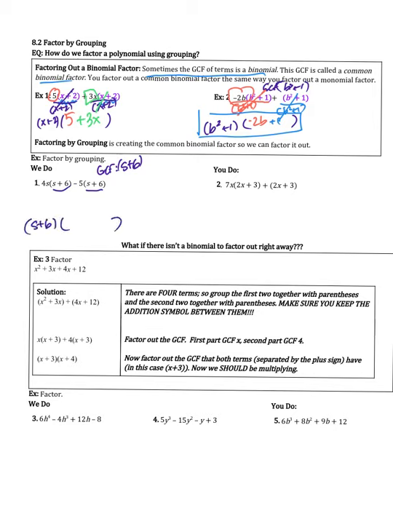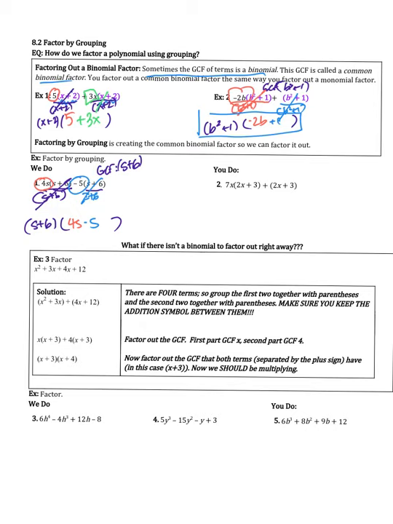I'm creating parentheses, so if I divide this term by s plus 6, what is left over? My 4s. And if I look at the second term and I divide out that s plus 6, what's left over here is negative 5. So this expression is equivalent to s plus 6 times 4s minus 5.